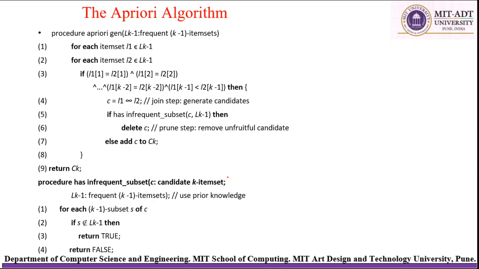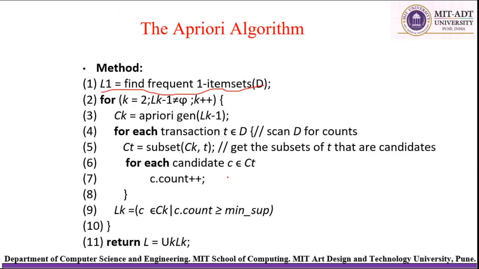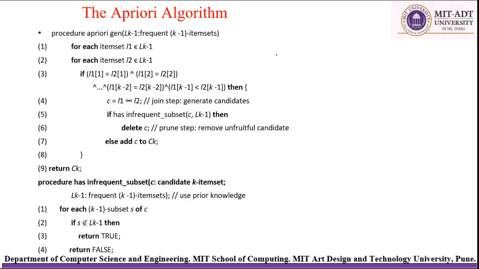Two functions are very important here: the Apriori gen function and the subset function with Ck comma t. In the Apriori gen algorithm, you are identifying the Lk minus 1, the frequent item sets. So how are the frequent item sets generated? We'll use the joining and pruning steps.